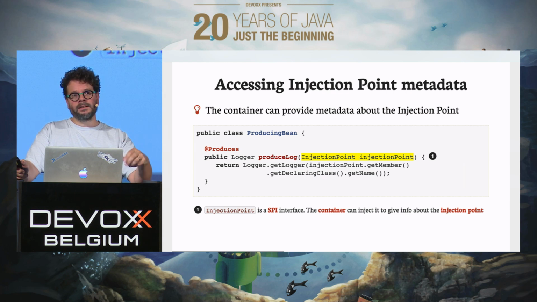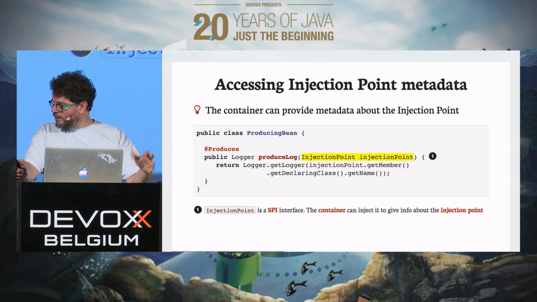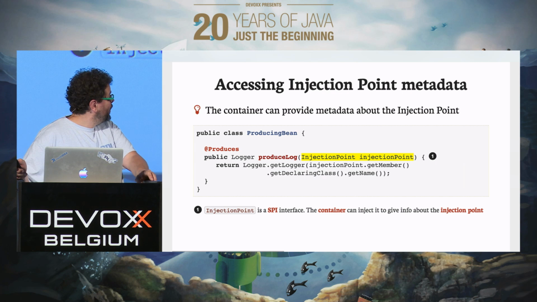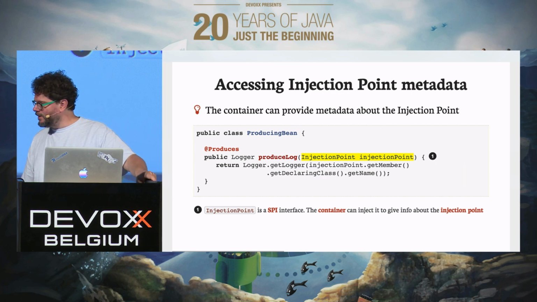And with this metadata, you can know where the logger was injected. So you can retrieve the class where the logger was injected and build your logger with this information, like I show there. So you can try to add this feature to your code, perhaps.